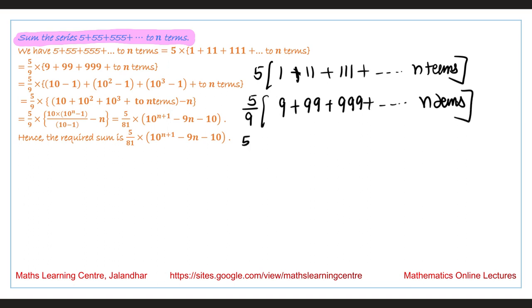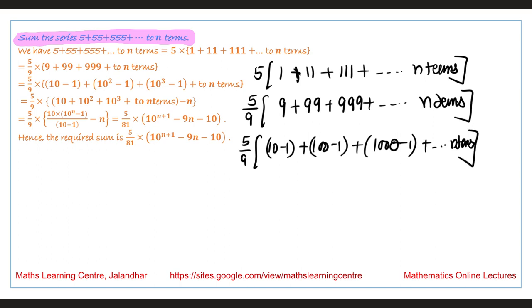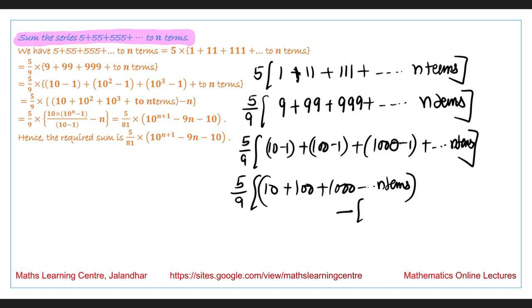Now we can write this as 5 by 9 into 10 minus 1, 100 minus 1, 1000 minus 1, so on up to n terms. So we get 5 by 9 into 10 plus 100 plus 1000, so on up to n terms, minus 1 plus 1, so on up to n times. We have added this one.